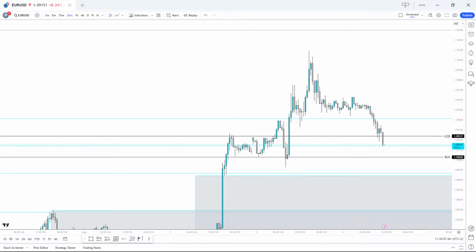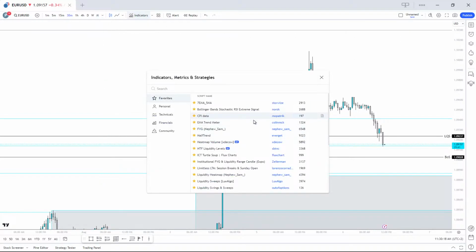I don't think I like those indicators, honestly. The first one was the best one, the pivot point profile. Let me just load this one up again.